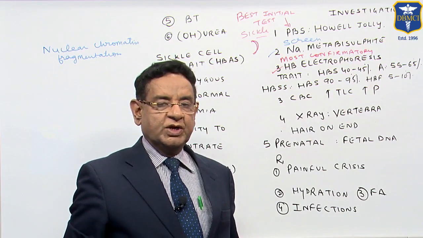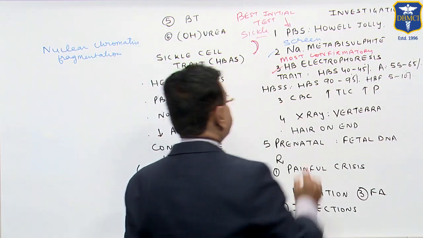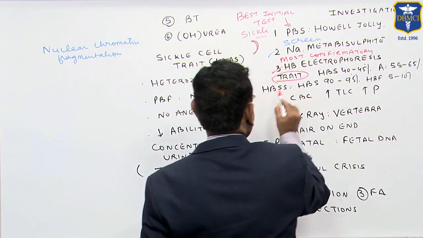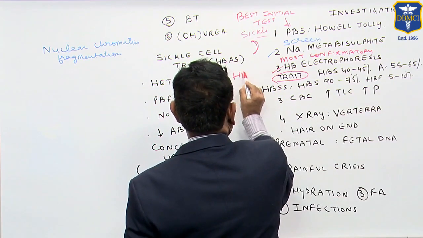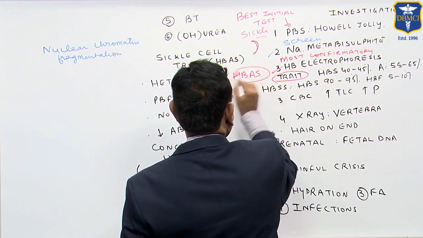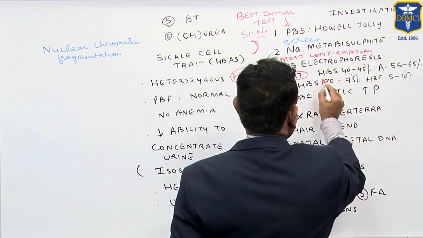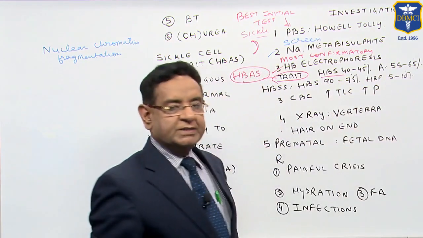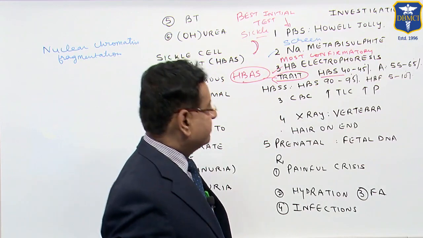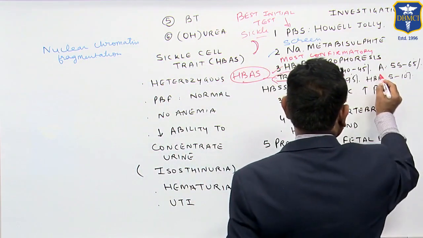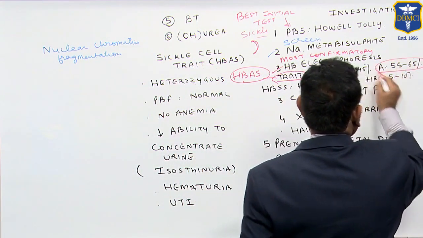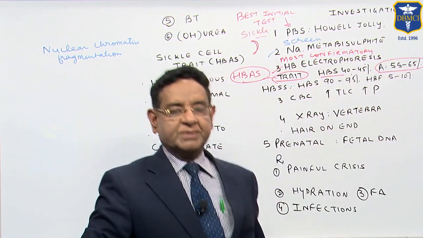electrophoresis. What we get in trait, that is HbAS, you get HbS about 40 to 45%, and HbA, hemoglobin A, you get 55 to 65%.